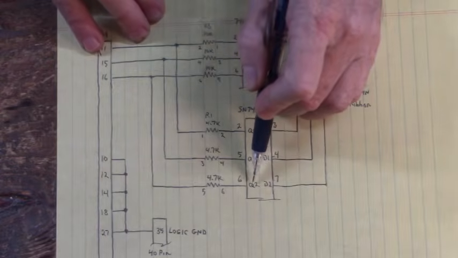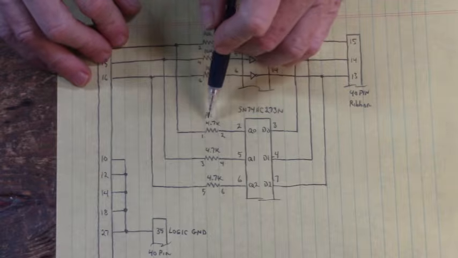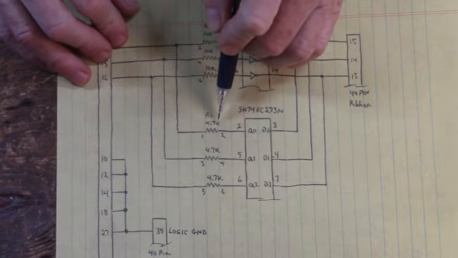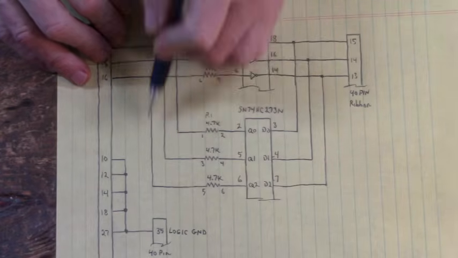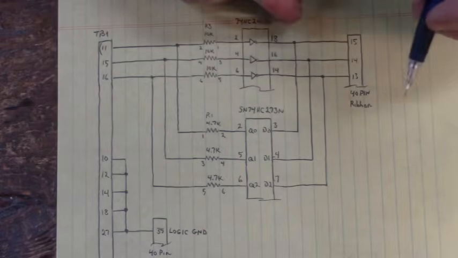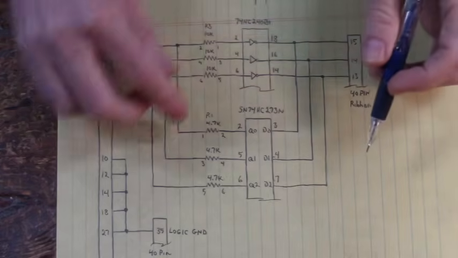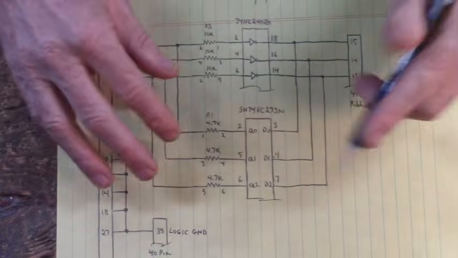Q2, that output, is tied to 16. And they have a 4.7 kilo ohm resistor in that circuit. What does that do? Well, let's say we load this output. It's a latch, its data is saved.